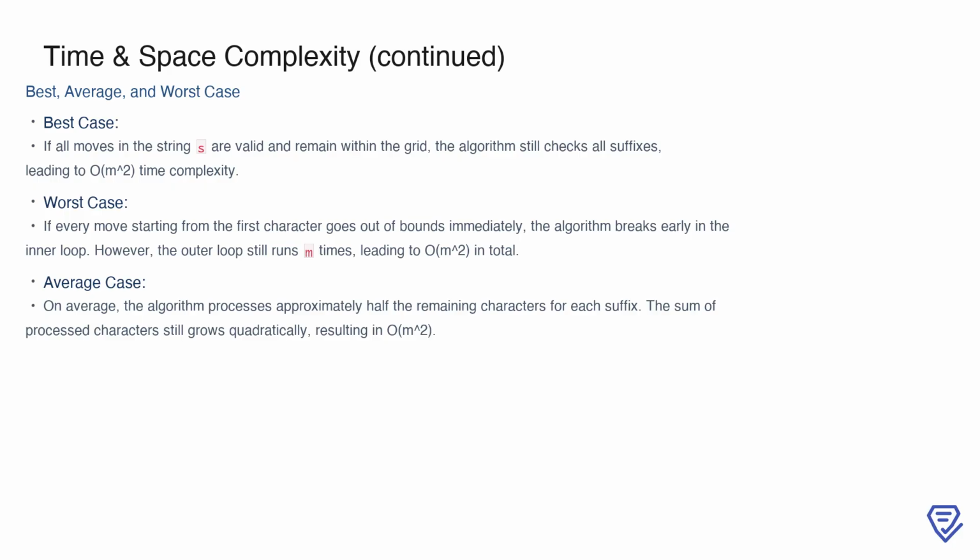Here, the inner loop breaks early for each suffix, but since the outer loop still runs m times, the total complexity remains O(m squared). For the average case, the algorithm processes roughly half the remaining characters for each suffix, but the total number of operations still grows quadratically. Therefore, regardless of the scenario, the time complexity is consistently O(m squared).